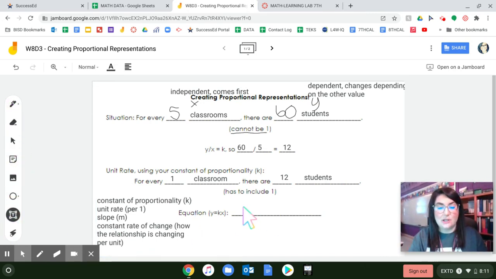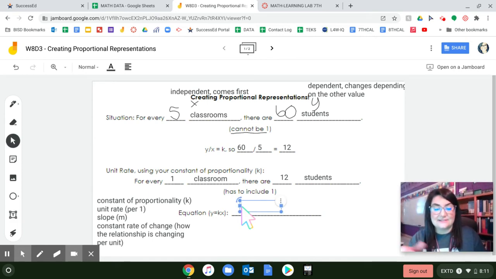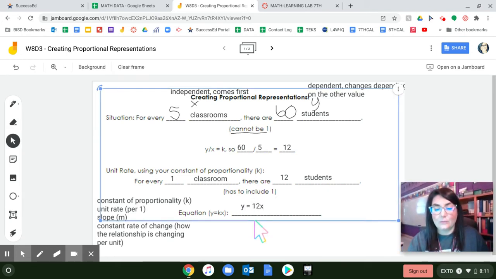So my equation, since my k value is 12, my equation would be y equals 12x. And what I can do with that equation, I can figure out so much just from that equation. When I plug in an X value, like let's say I plug in a 1 for X, remember X is my classrooms.